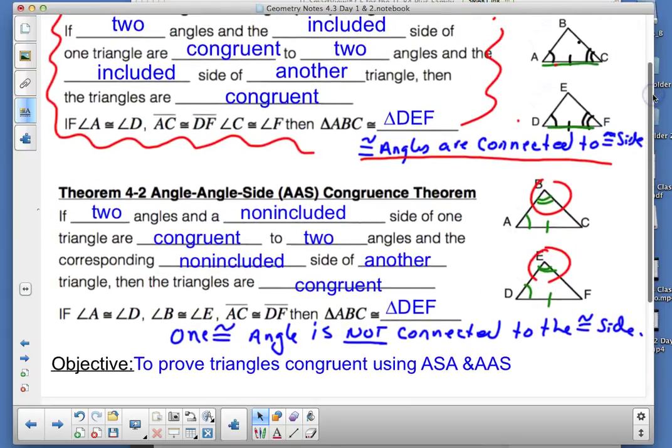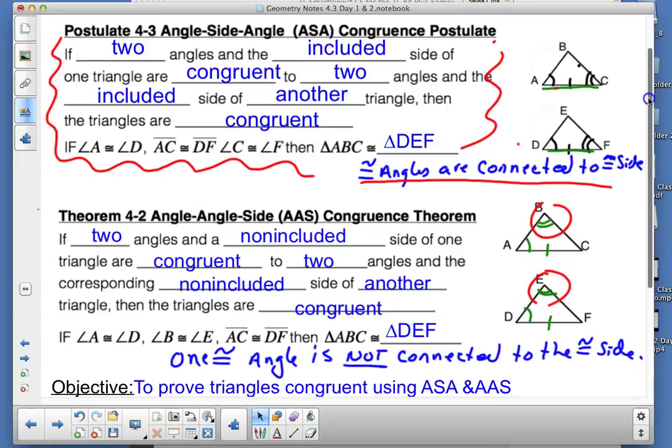And check out what it looks like to use an angle, side, angle. I want you to compare the two. There's a difference between the two. With angle, side, angle, I have two angles at a side, but I can't use either one. You cannot do that. I want to point that out as soon as we get going on this, because that is the number one mistake people make.